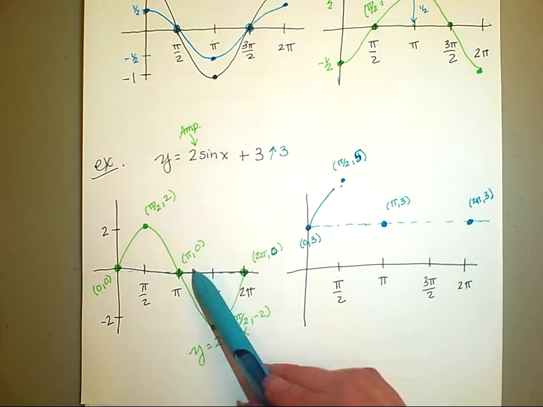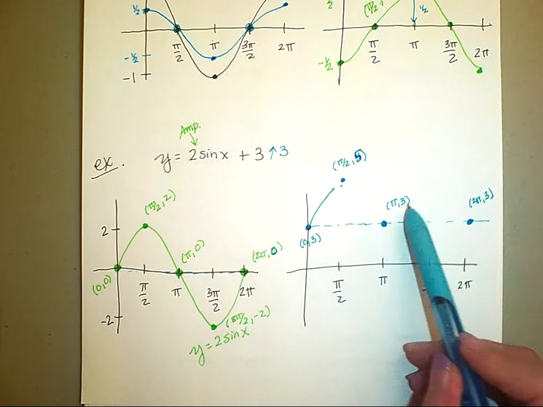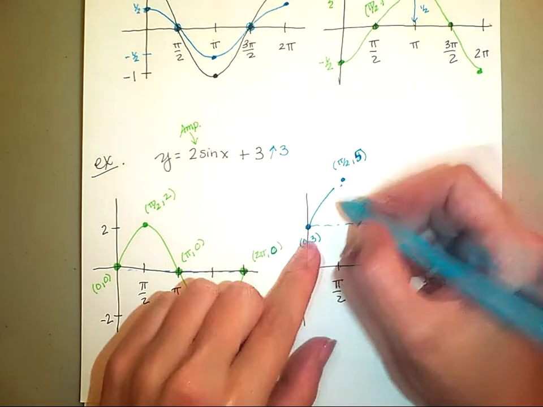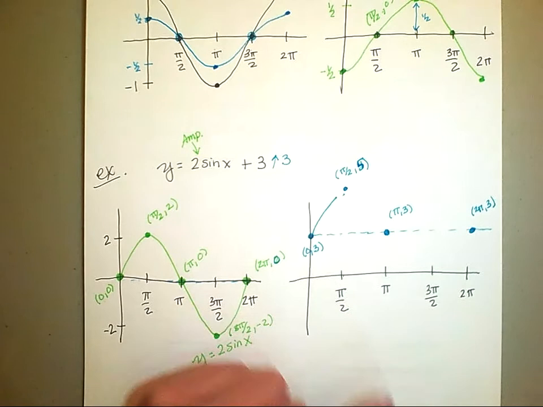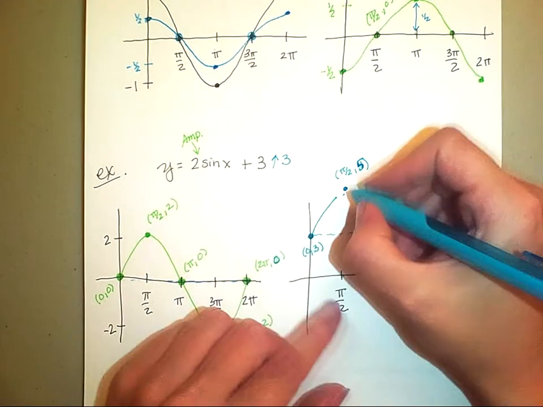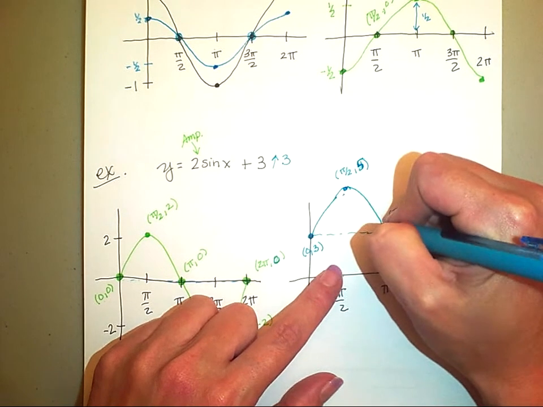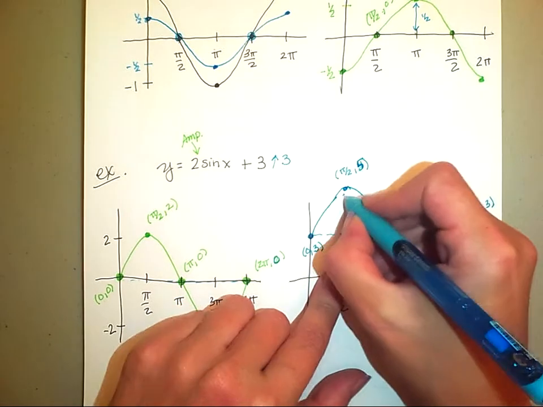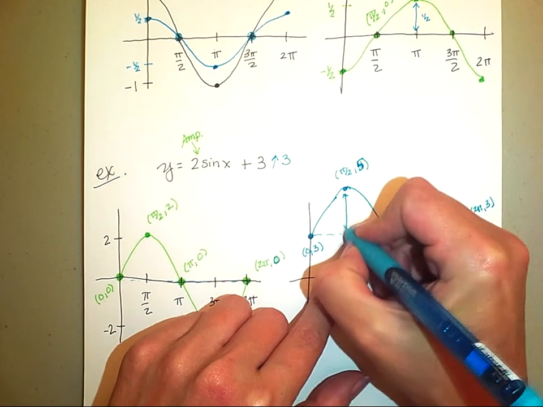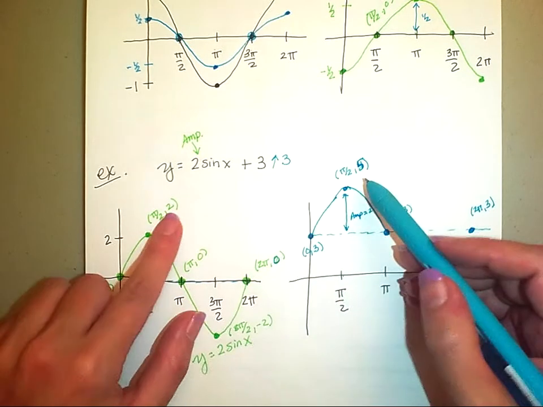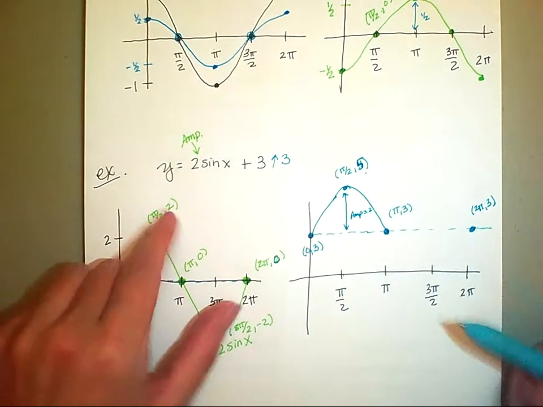Yes, this is right: 0 plus 3, plus 3, plus 3. 3, 3, and 3, and the amplitude is 2, which adds up to 5. Sorry, just double checking myself. So our amplitude now is 2, and we've gone up 3 units to 5.